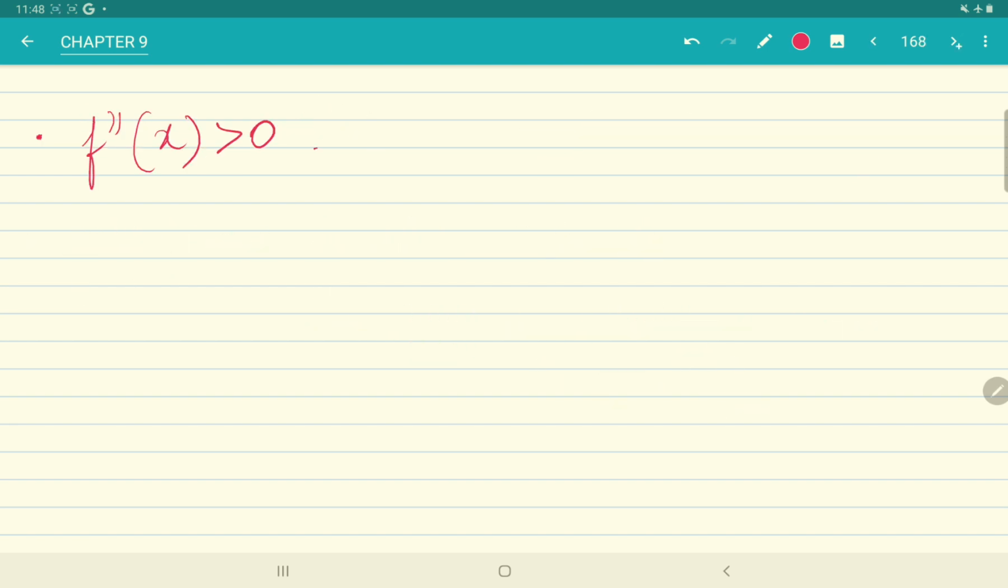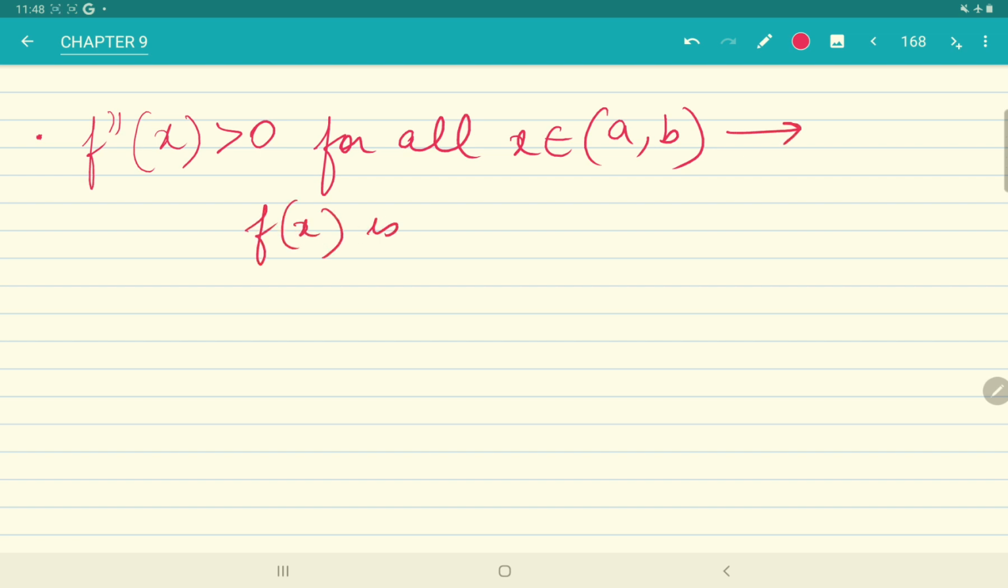If it is greater than 0 for all x belonging to A to B, this open interval, this implies f of x is strictly convex in A to B.